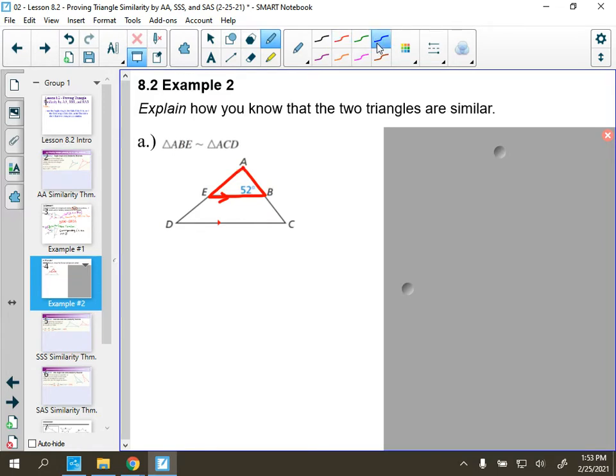And then we're also talking about triangle ACD, this bigger triangle. How are those the same? There are different ways to go about this. I clearly see the 52 in this triangle for angle ABE.